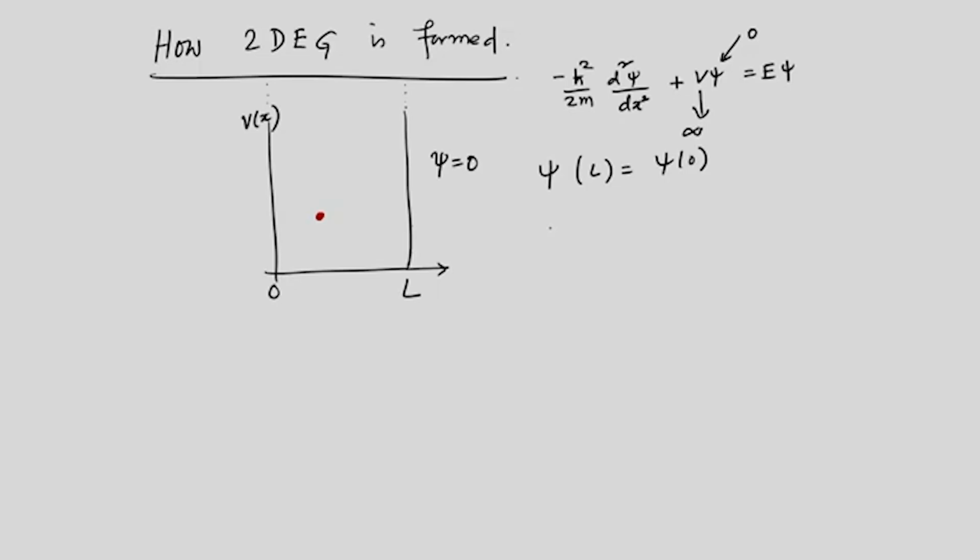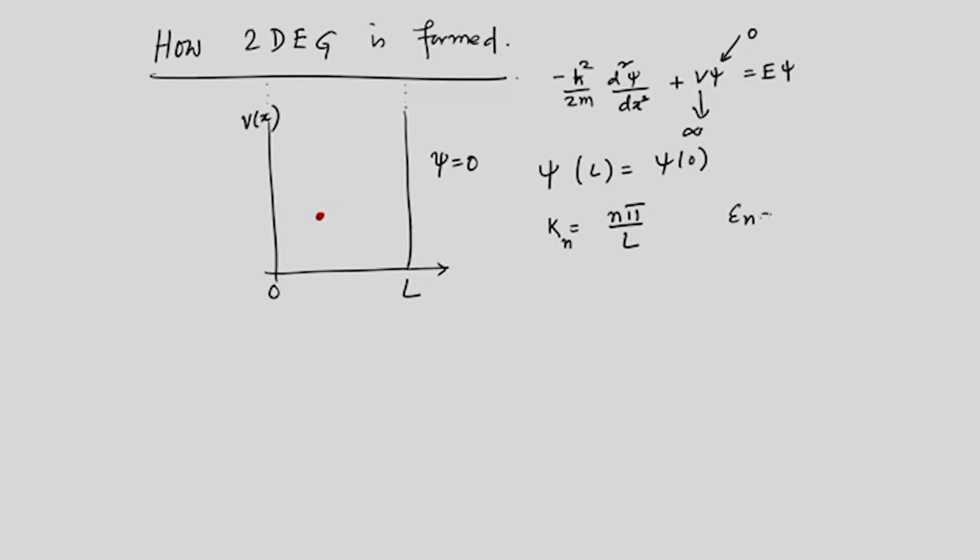Then one can find that for that to happen, the k's become quantized, which gives you n pi over L. So the k values, or in one dimension the momentum of the particle, take values pi over L, 2 pi over L, 3 pi over L, and so on.